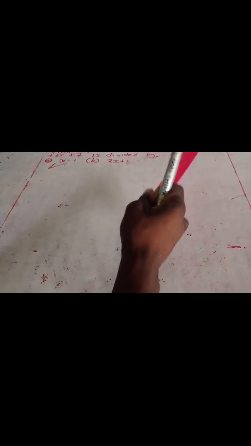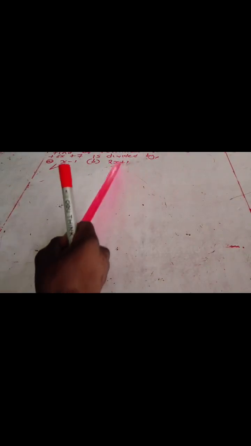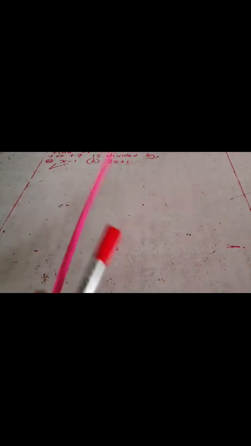The question said, find the remainder when 8x cubed minus 4x squared plus 6x plus 7 is divided by 2x plus 1. Remember, we've done this part. So I only want to do this part using the first method that I showed you. I've already done it using the second method, and we have found our remainder to be 2.